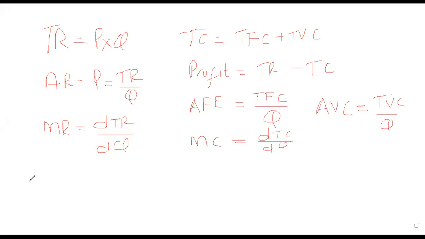So what happens when we equate the marginal revenue to 0? This is our revenue maximizing point. What happens when marginal profit is equal to 0?